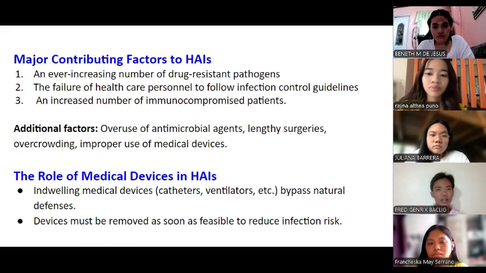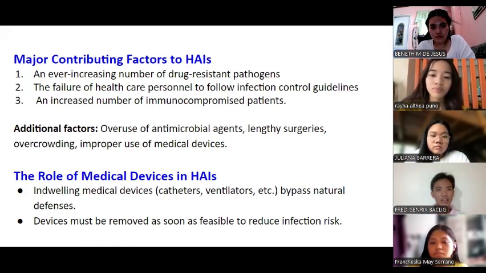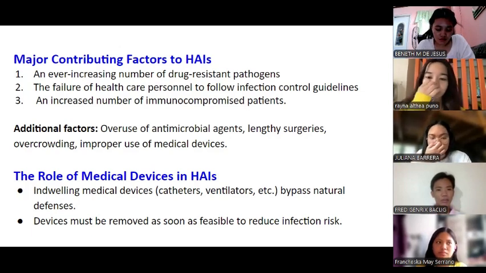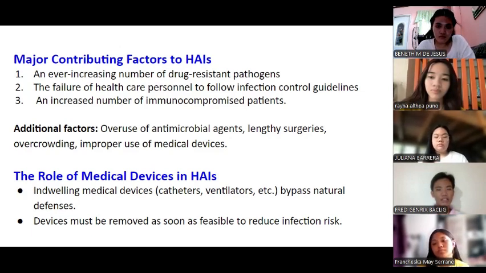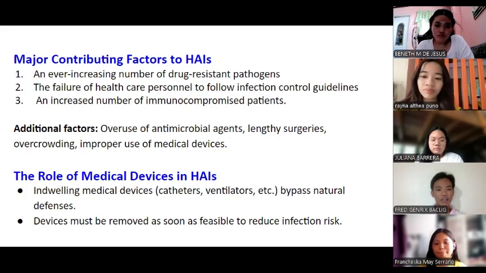When the healthcare provider fails to follow these procedures, this contributes to the risk of healthcare-associated infection. Even small lapses, like forgetting to wash their hands during or in between patient interactions and improper sterilization of medical and surgical equipment, could lead to the spread of pathogens and, of course, the development of healthcare-associated infection.